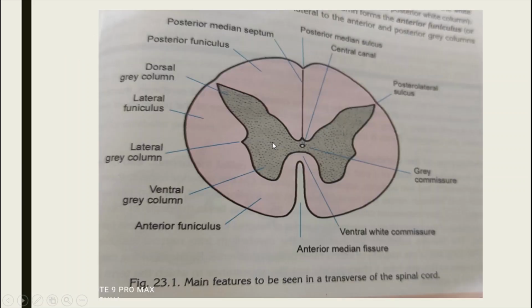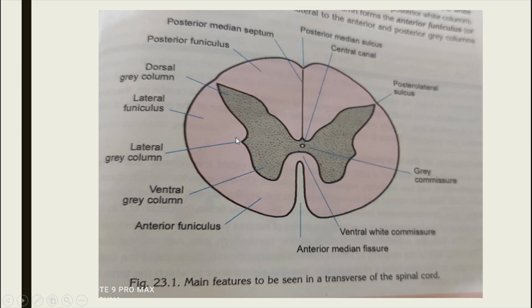Now we will learn what features are present in a cut section. This is the anterior part of the spinal cord and this one is the posterior part. The spinal cord contains this major portion, white matter, and this H-shaped portion, the grey matter. The spinal cord can be divided into right and left halves by an anterior deep median fissure and a posterior median sulcus.